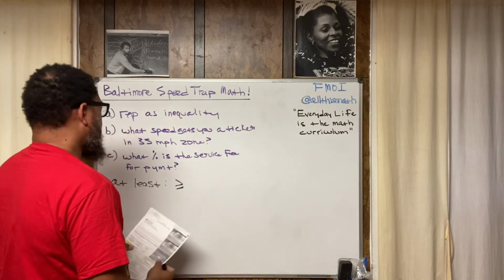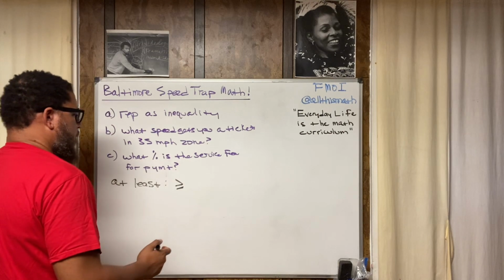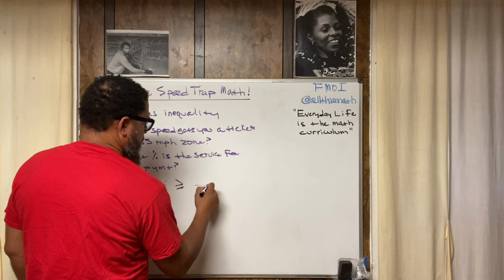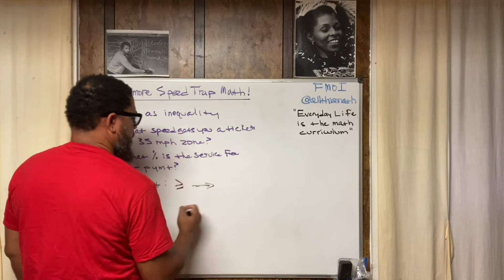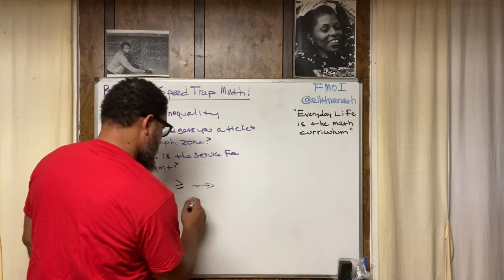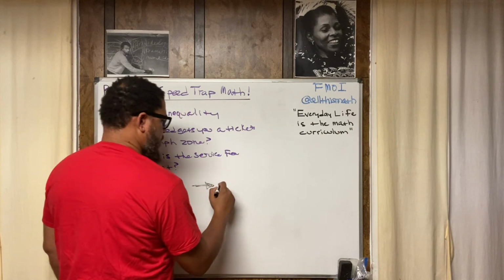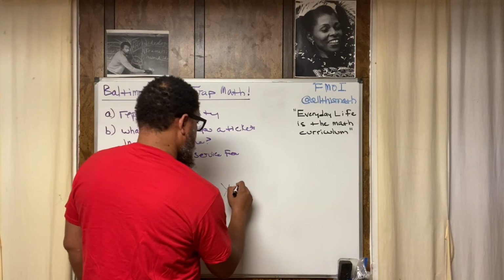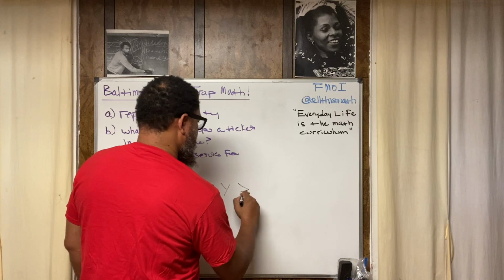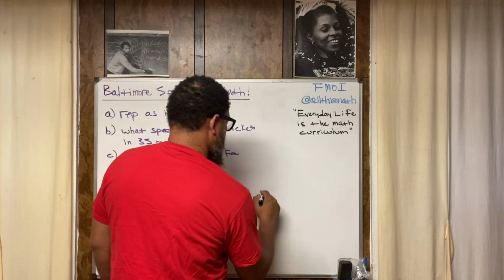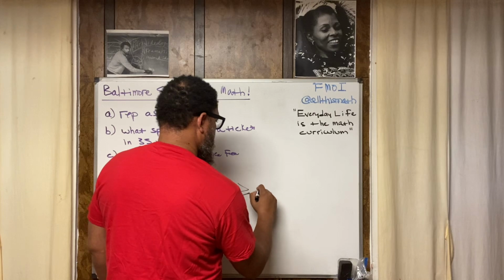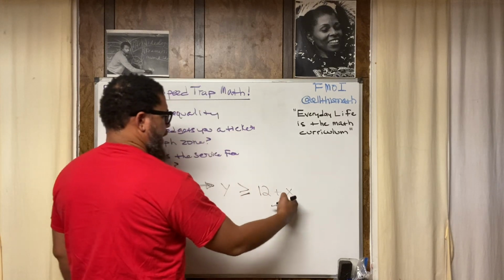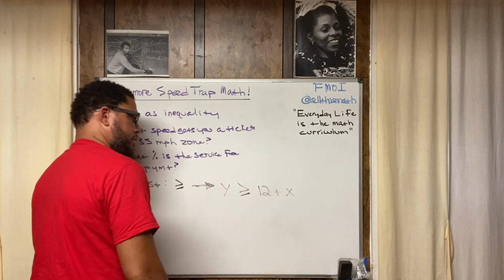All right, so let's use the variable y to represent the actual speed, right? And then you're at least 12 miles over the speed limit. So we're going to use x to represent the actual speed limit.